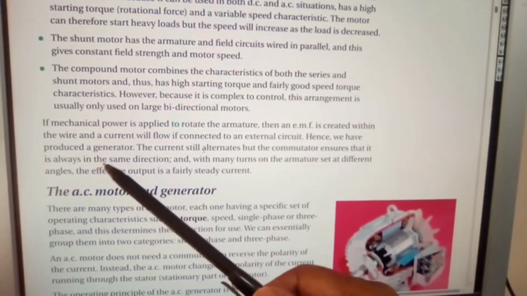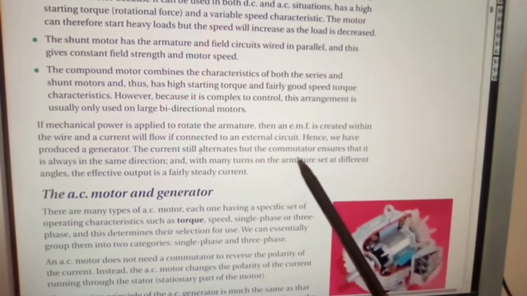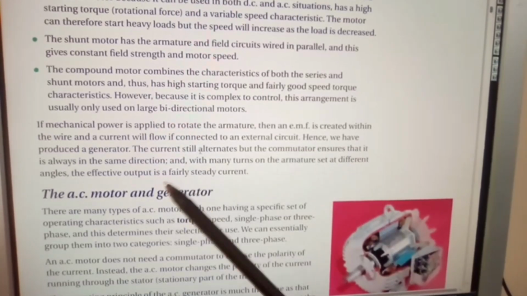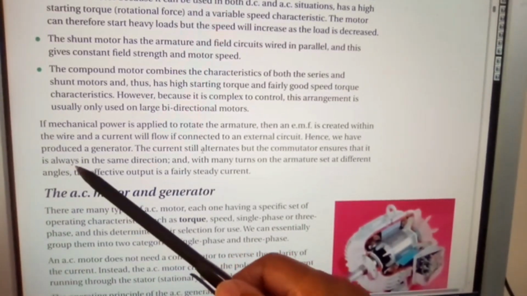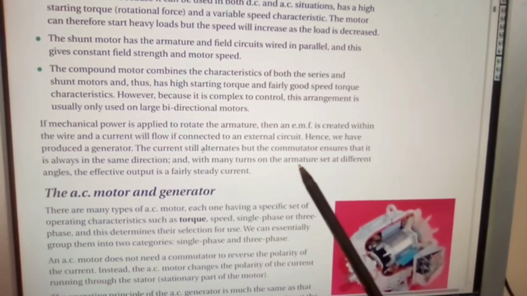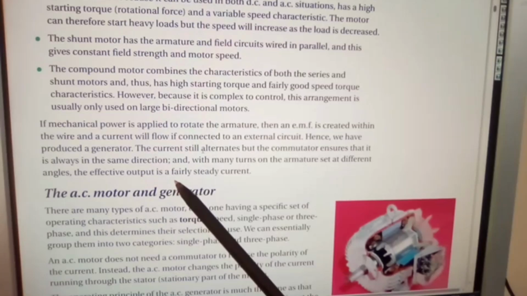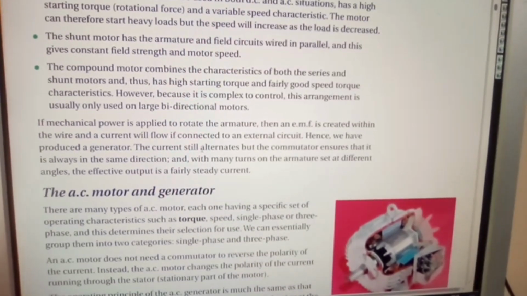And here we've produced a generator. The current still alternates, but the commutator ensures that it is always in the same direction, and with many turns on the armature set at different angles, the effective output is a fairly steady current.